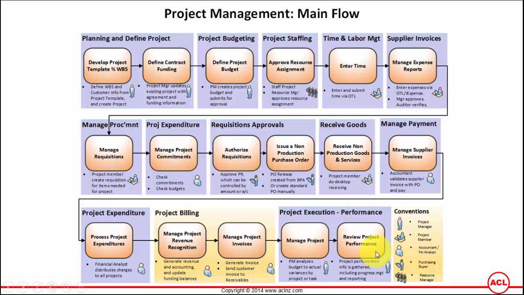Then the last step is managing the performance of the project, which is like BAU, business as usual, wherein the project manager looks after the project, looks at whether the resources are performing, the performance, whether the project is going through the critical path or not, and if at all any actions have to be taken, any issues have to be resolved, and if at all the customer has changed the scope, then he may end up raising a change request.